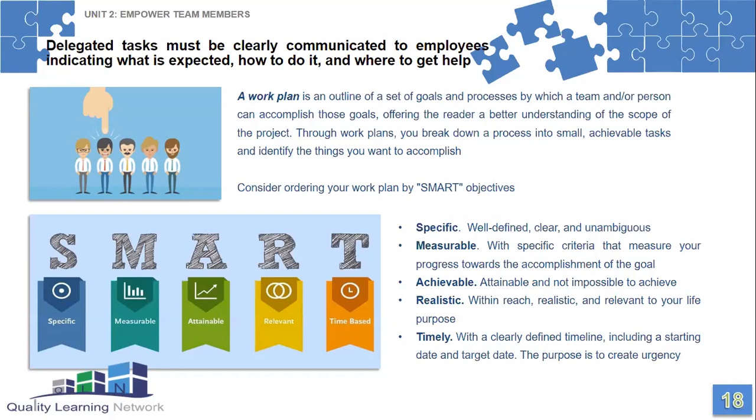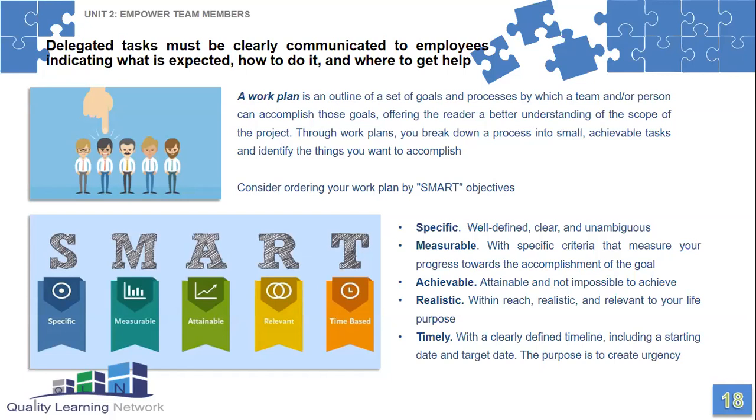Achievable. So how are we going to attain these specific tasks or goals? Let's be realistic, so we're within reach. Make sure that we set goals that are achievable, right? And also relevant and purposeful to the reason why we start a project in the first place.